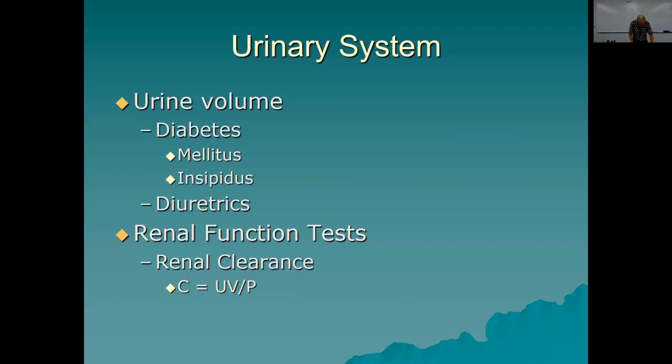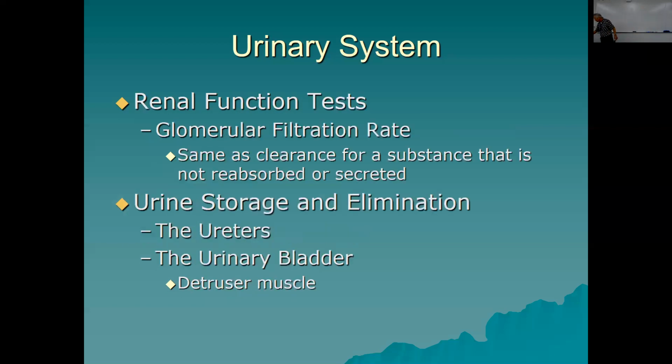So the clearance of inulin is 125 milliliters per minute, and that's GFR. That's how much blood is filtered at the glomerulus. So, glomerular filtration rate is the same as clearance for a substance that's not reabsorbed or secreted.